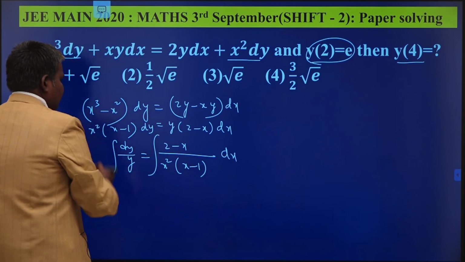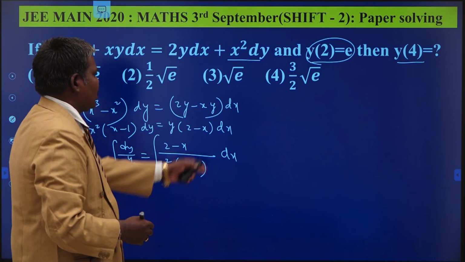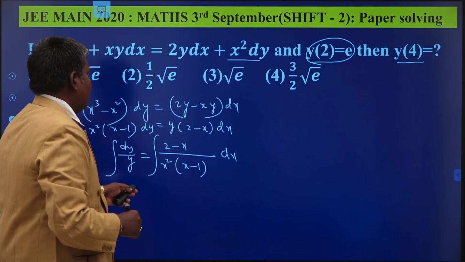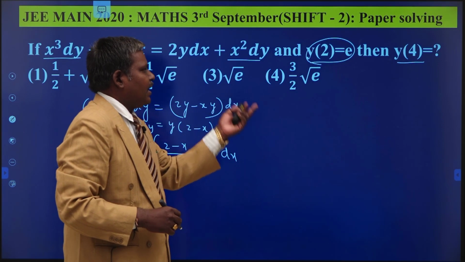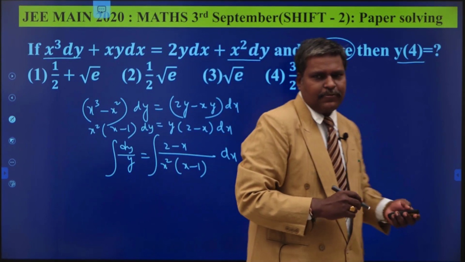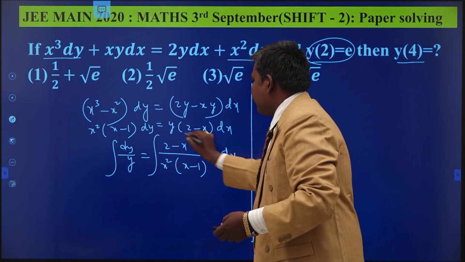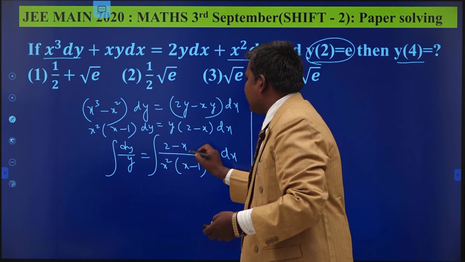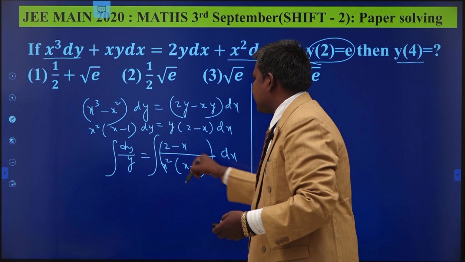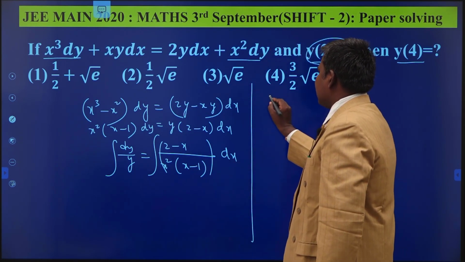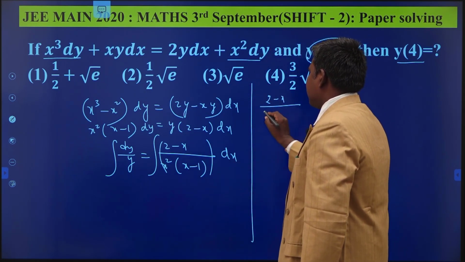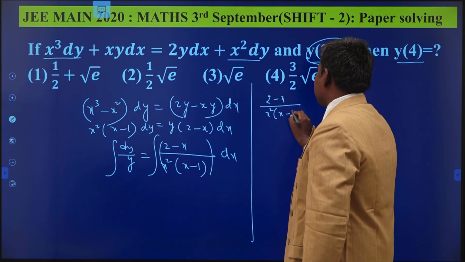So taking integration on both sides, we get the solution, and from that you can find the integral constant. Again you can find the value of y of 4. To solve this integration, before integrating, you have to write this as partial fractions. First of all, consider (2 minus x) by x square times (x minus 1).